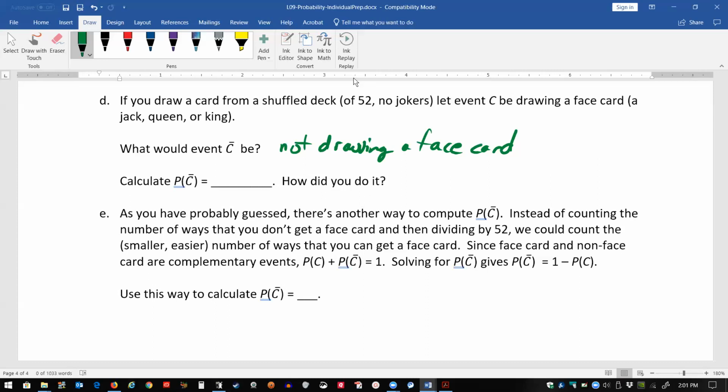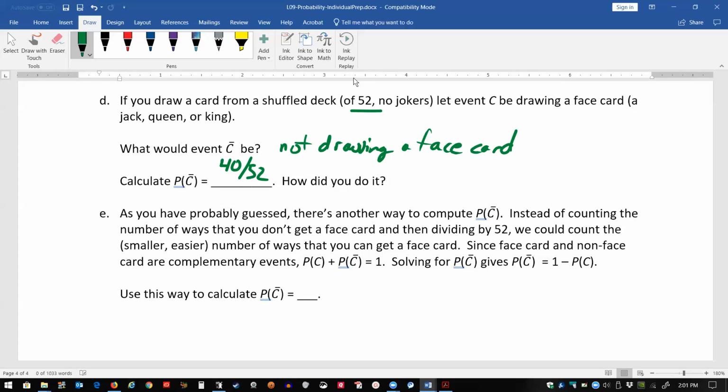There's 40, right? Because 40 plus 12 gives me my total. Okay, so I have 40 cards that are not face cards, so my probability of not drawing a face card would be 40 out of 52. Good?